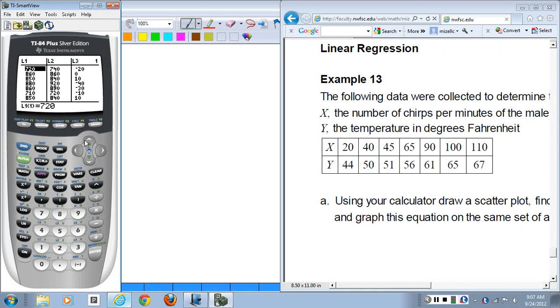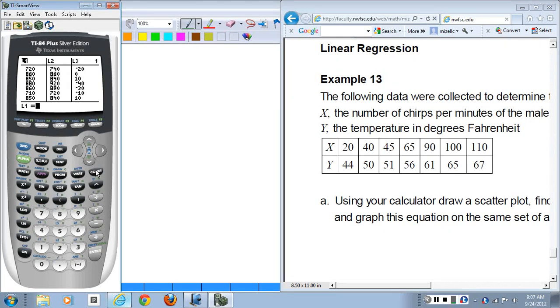Now, if I didn't have many of these numbers, I could delete them one at a time, but deleting is dangerous on this screen. I'm going to suggest using the clear button. If you have numbers there from the previous problem that you don't want anymore, move the cursor using the up and down arrows up to the L1, where it's actually sitting on the L1. Press clear. Looks like nothing happened.